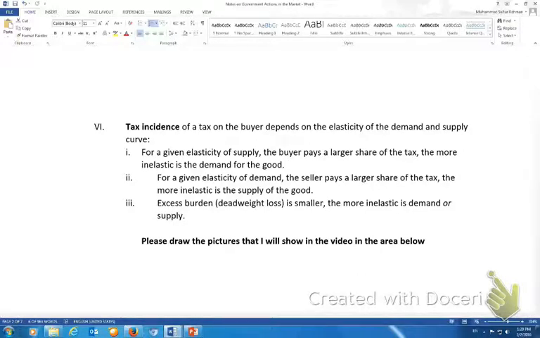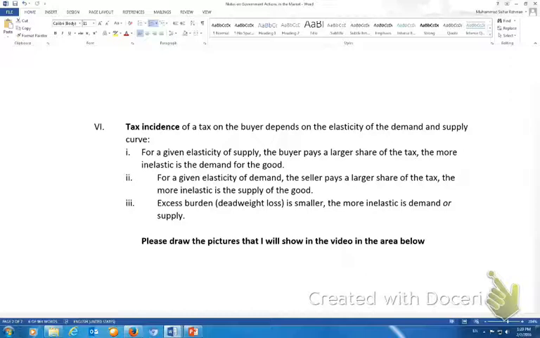Now let's look at the second one. For a given elasticity of demand, the seller pays a larger share of the tax burden the more inelastic the supply of the good is. Now this is a little bit tricky to do, so please stay with me.